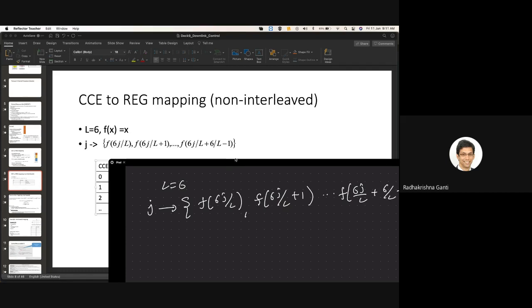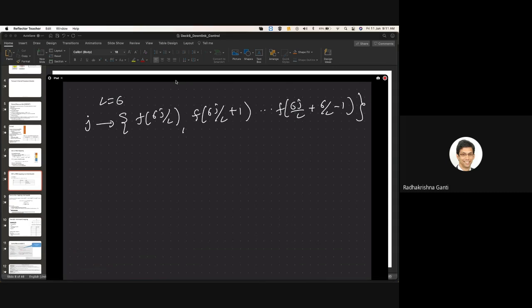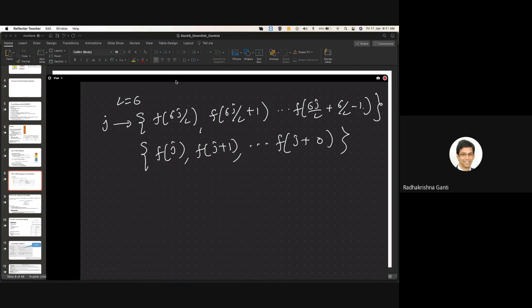Let's simplify this first with L equal to 6. It is f of 6j by 6, which is f of j, then f of j plus 6 by L minus 1, which is 0. So this whole set has only one element. For L equal to 6, the whole thing will be f of j. So j will be mapped to f of j.